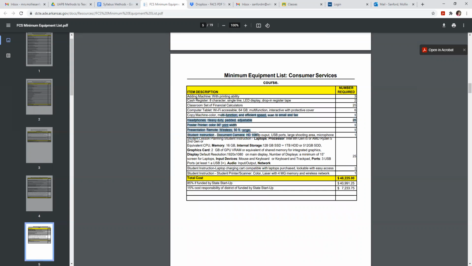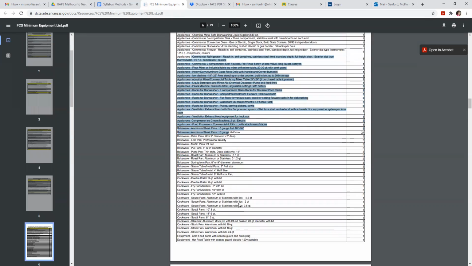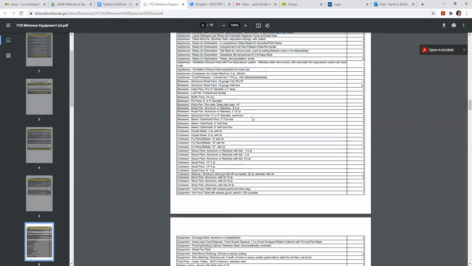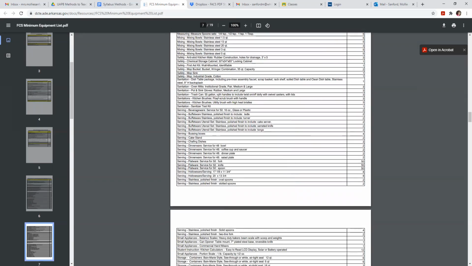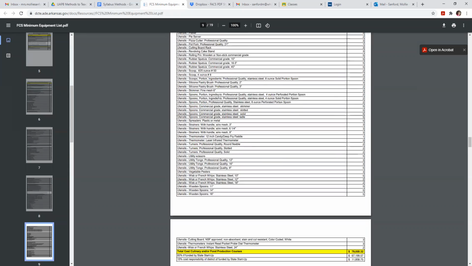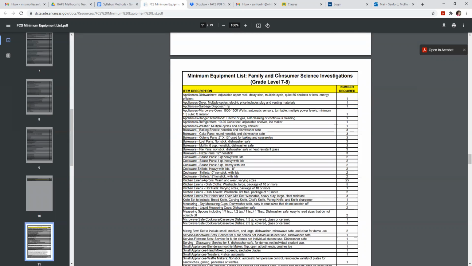This is consumer services, equipment they need. Culinary arts, so much kitchen stuff, appliances, cookware, utensils. They have a lot of stuff. Family consumer. This is the middle school equipment list.